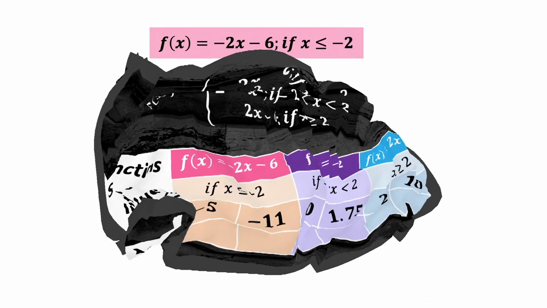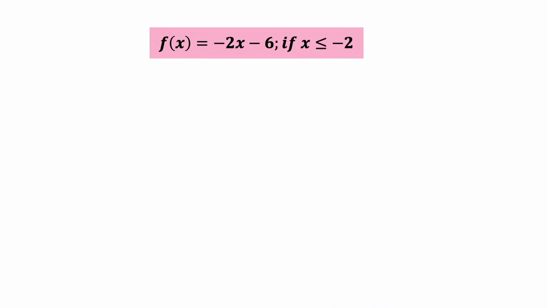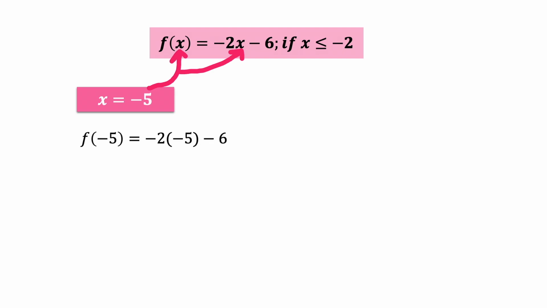Let's start solving for the y value of -5. All we need to do is to plug -5 to all x values in the first subfunction. Therefore, we will have f of -5 equals -2 multiplied by -5 minus 6.